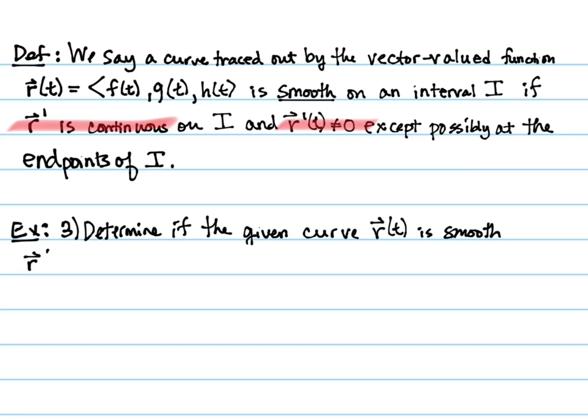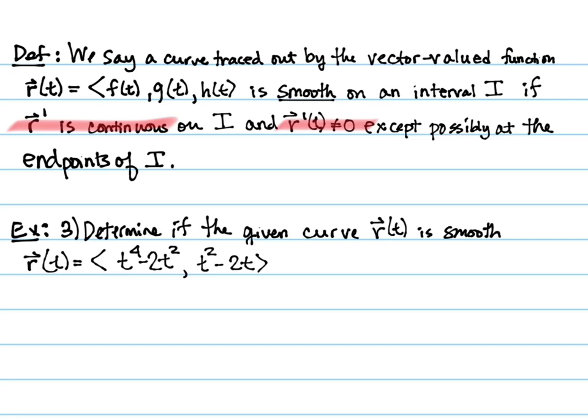All right, and our r of t is, we're going to do just a planar curve, t to the 4th minus 2t squared and t squared minus 2t. So notice that the definition all is hinging upon r prime, not on r itself.